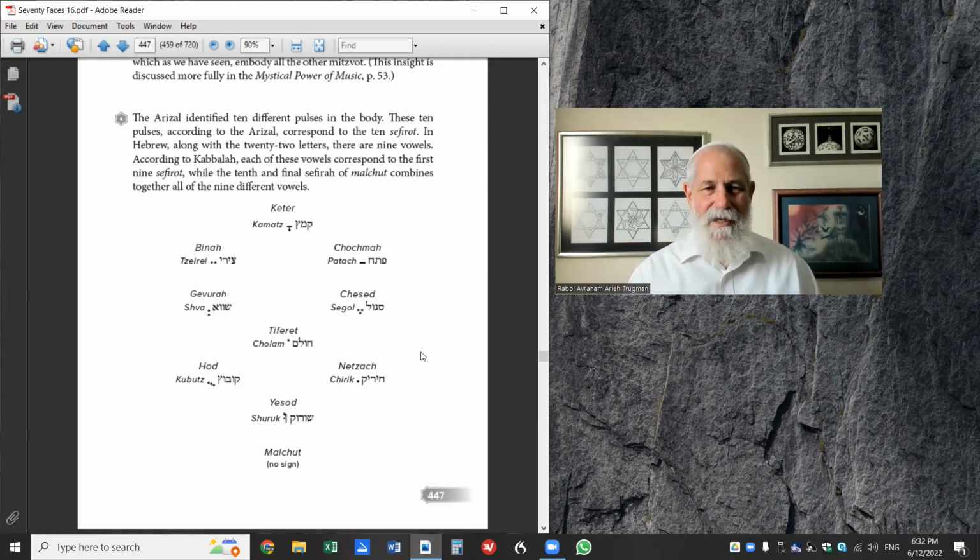So what's the technique? This is quite amazing: the Arizal would put his finger on a person's pulse, and he could tell this person what, we're talking about physically, but obviously our physical condition in many instances is connected to our spiritual, psychological, emotional state.